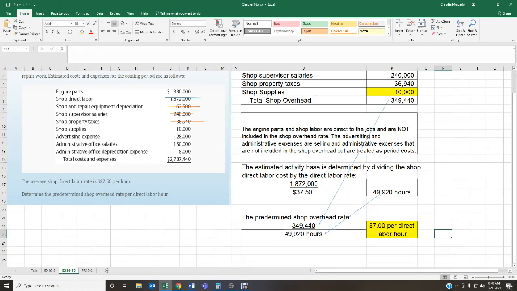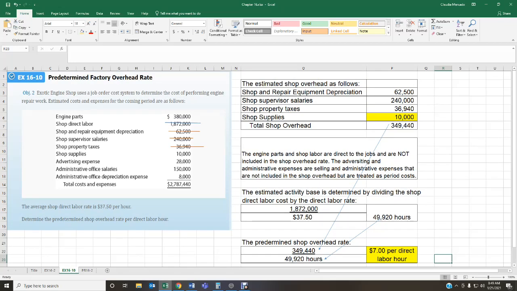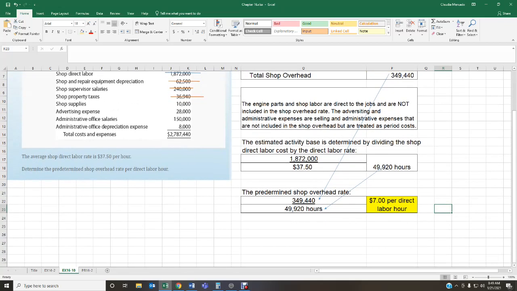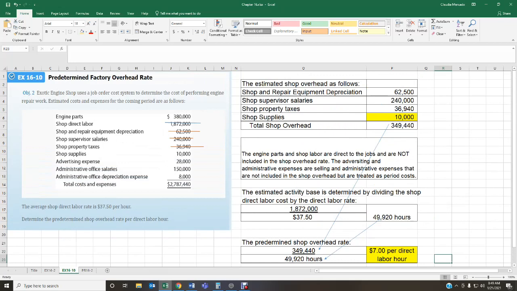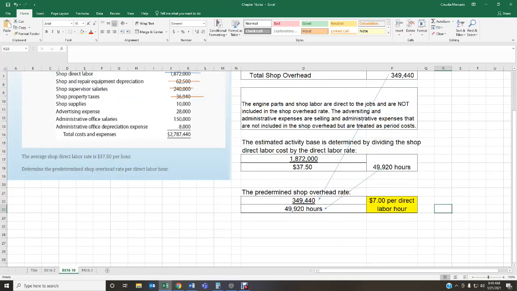That means that for every direct labor hour spent making these engines, while I'm spending an average of $37.50 per hour, I am going to assign $7 overhead cost to the different products.